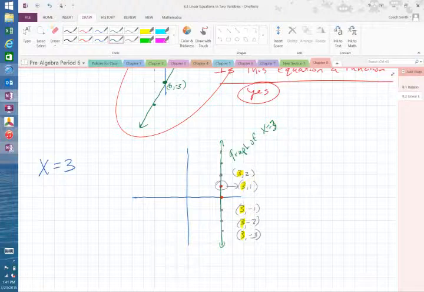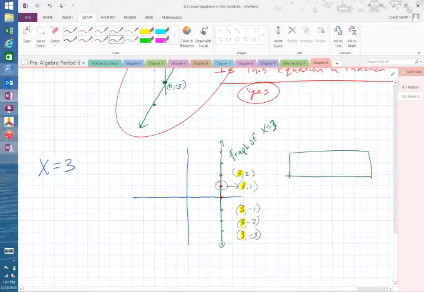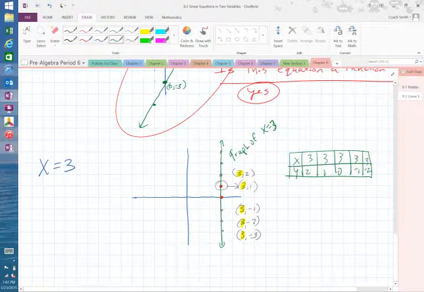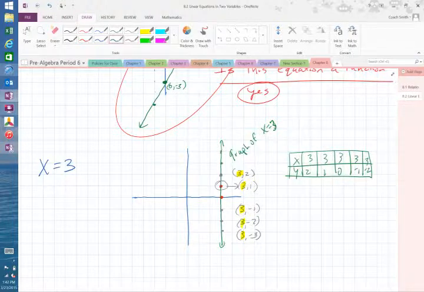In other words, if I did these values on an input-output table, you'd have X, Y, you'd have 3, 2, 3, 1, 3, 0, 3, -1, 3, -2. So all the inputs have a different output. So therefore, that can't be true. Yeah, you had it backwards.